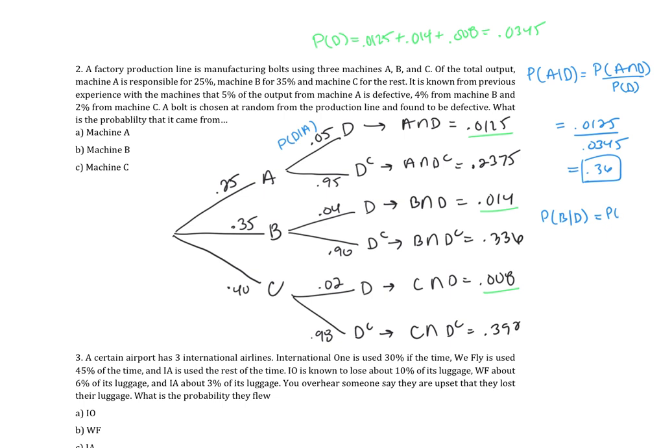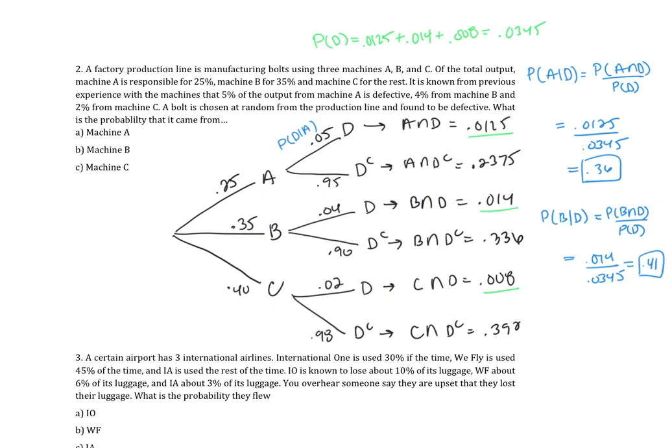The next question is the probability of B given defective. So that's B and defective over the probability of defective, which would be 0.014 over 0.0345, which is approximately 41%.